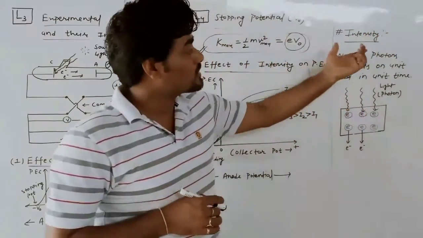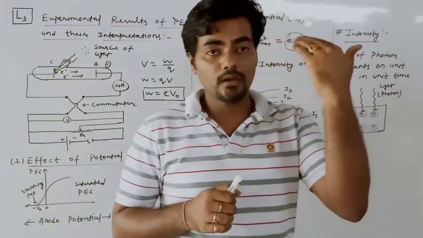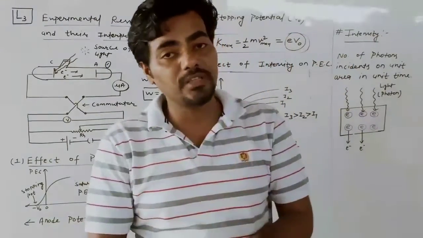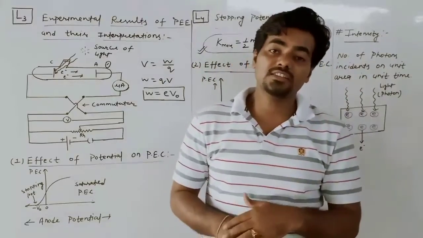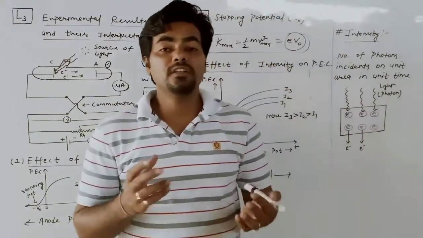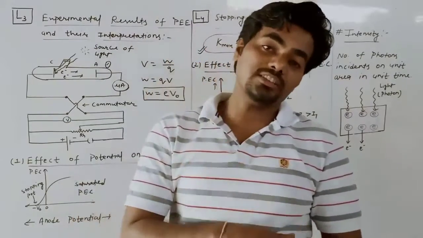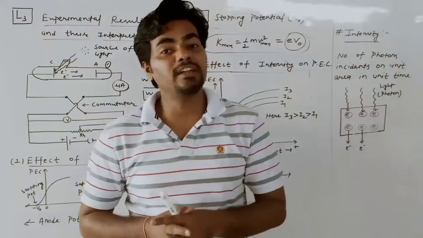Here I am going to tell you the concept of intensity of the light on the basis of the particle nature of the light. In our next lectures, we will see that light possesses a dual nature, that is, wave nature and particle nature.